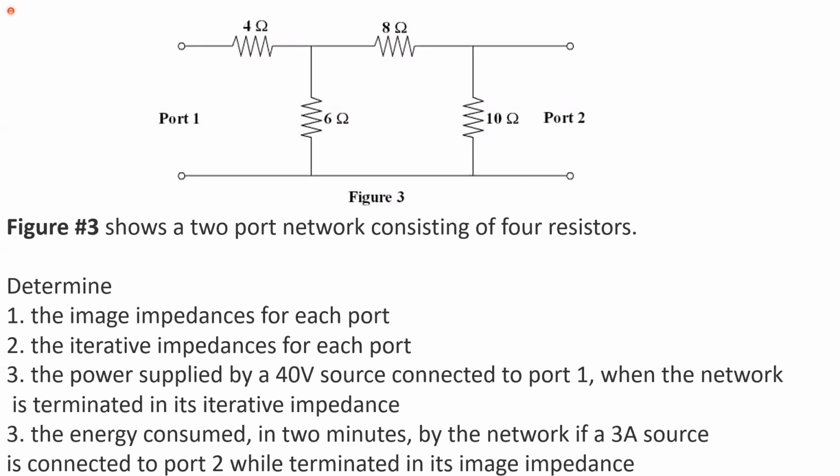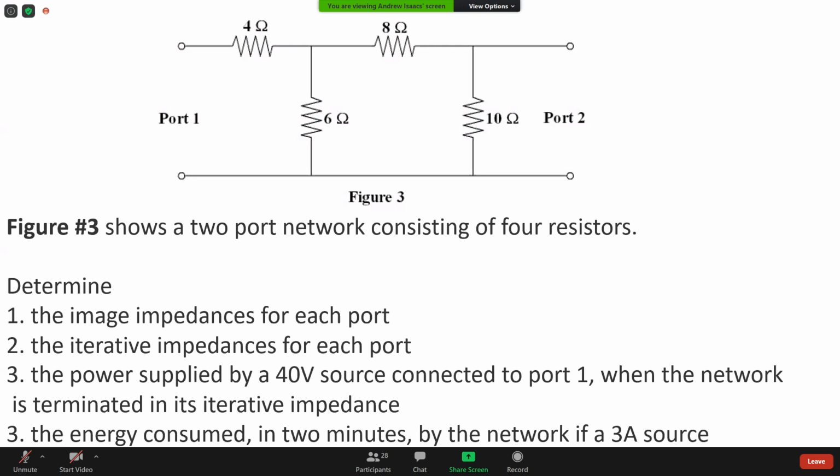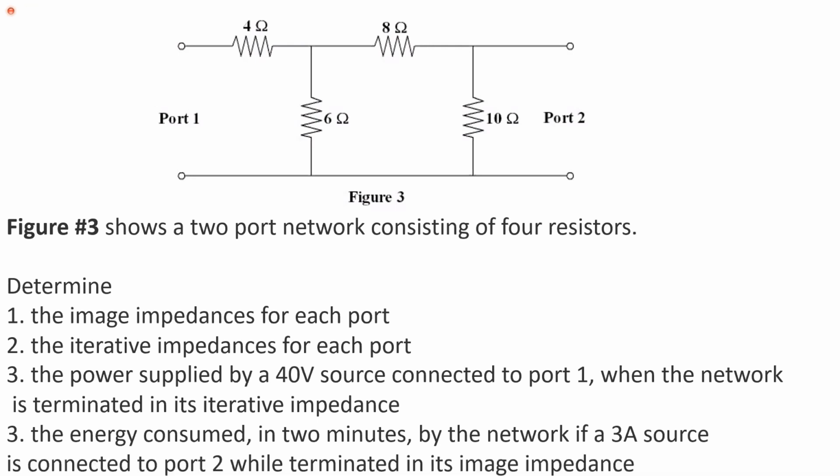All right. Let's start with image impedance again. If I terminate port 1 with the 7.9, what's the impedance I see at port 2? Let's work it out. All right, come folks, work with me.